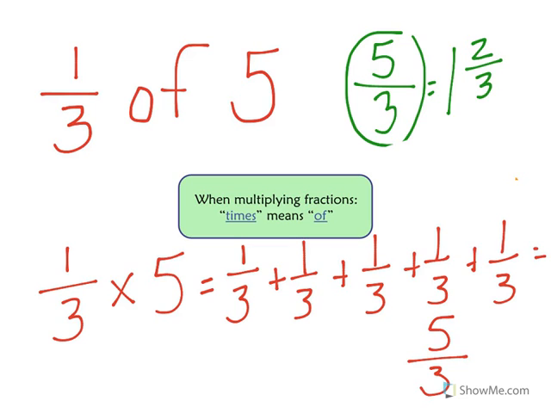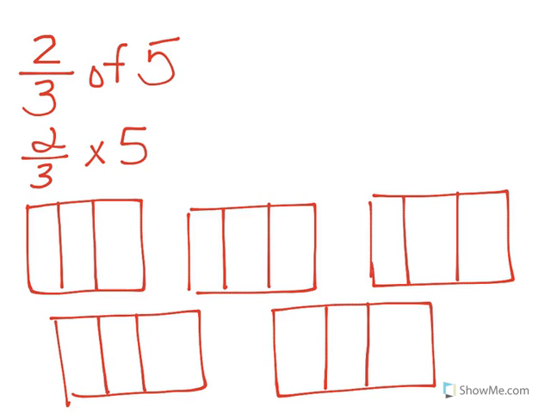When we found 1/3 of 5, that was really 1 part or 1 share out of 3 shares. What if I were to look at 2/3 of 5? In our previous problem, 1/3 of 5 was just 1 part when I had divided the 5 rectangles into 3 equal parts.